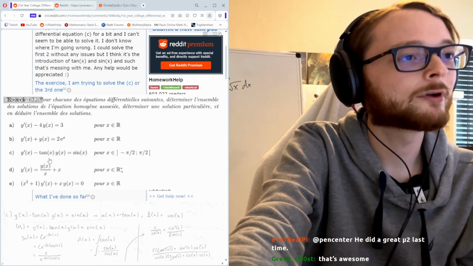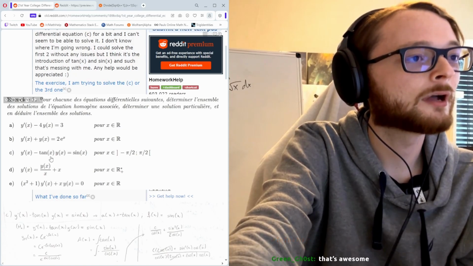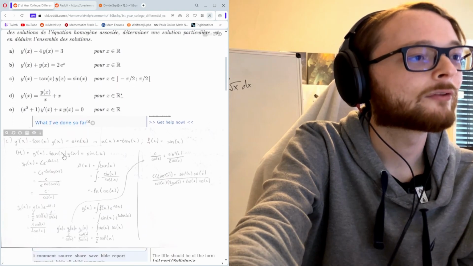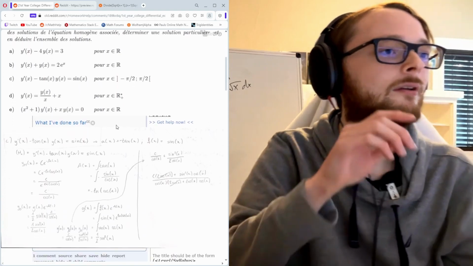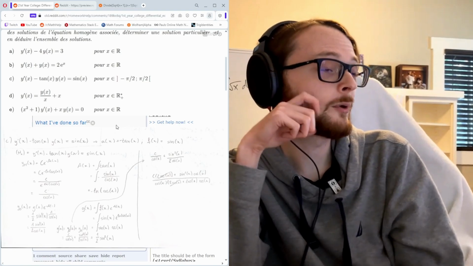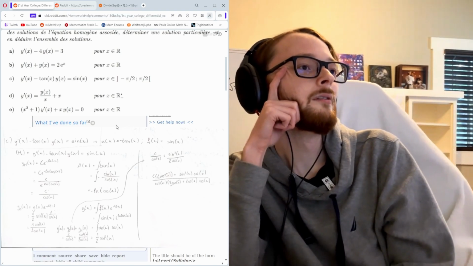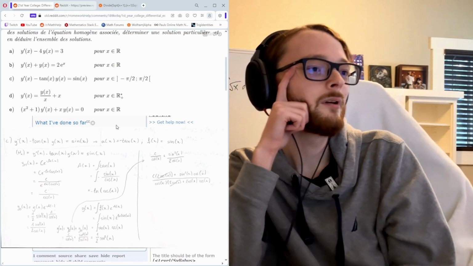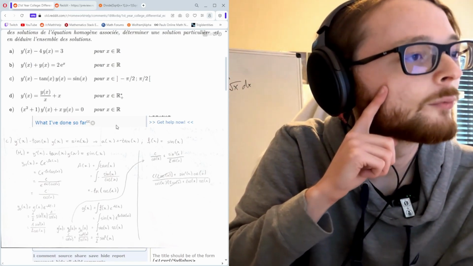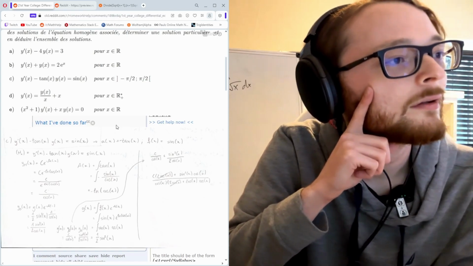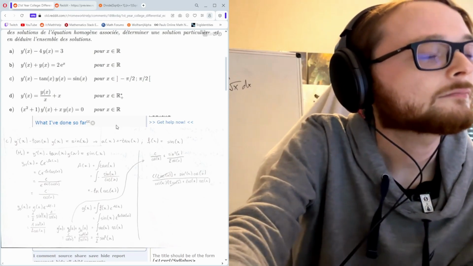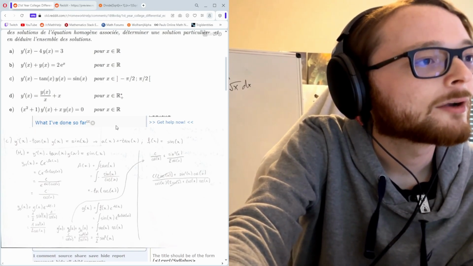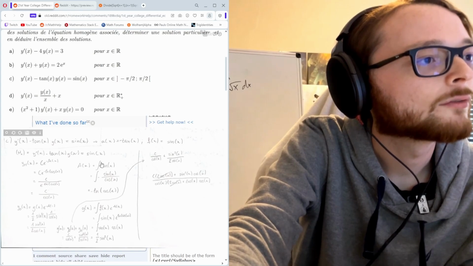Okay, so this is first order linear non-homogeneous, but that's fine. Let's see what method they're using. I would normally just use an integrating factor here. I assume, yeah, okay, they're using an integrating factor as well, it looks like. The writing is a little bit light here, but integral of tangent.